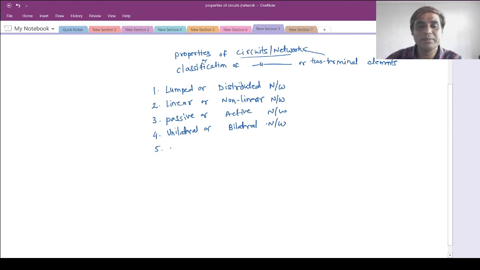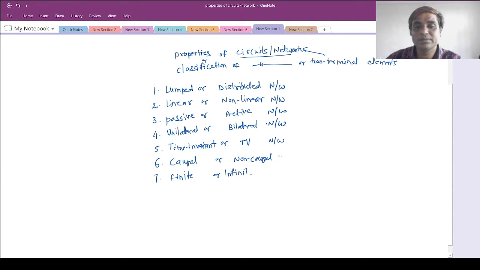Fifth will be on invariance, that is time invariance, so I can classify it as a time invariant or time variant network. Then based on causality, a causal or non-causal network. Based on finiteness, that is finite number of charges, I can say it is a finite or infinite network.